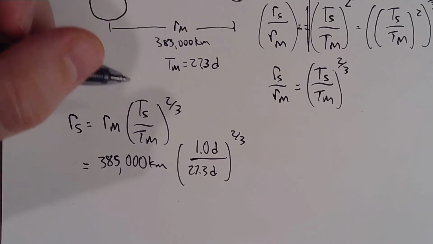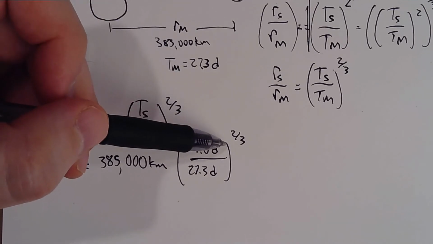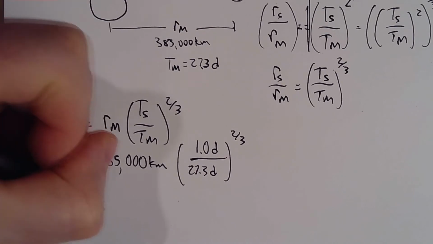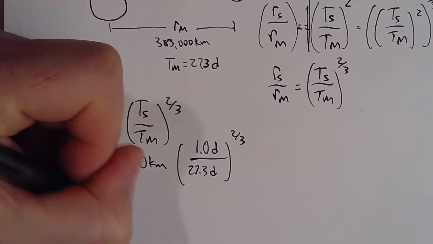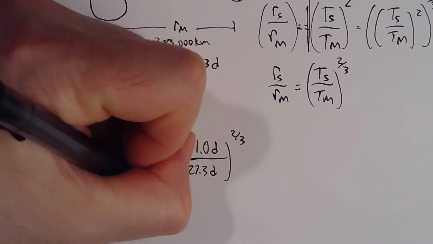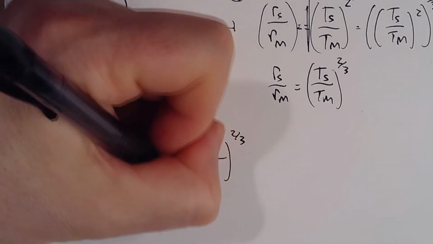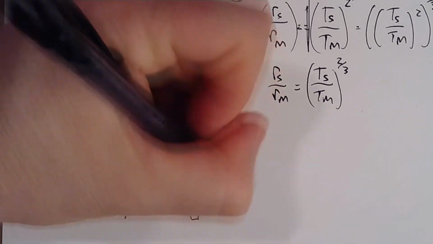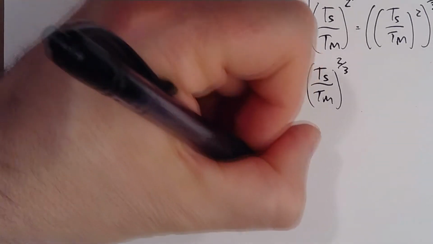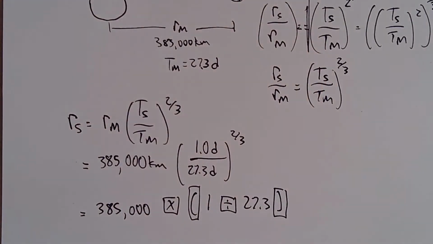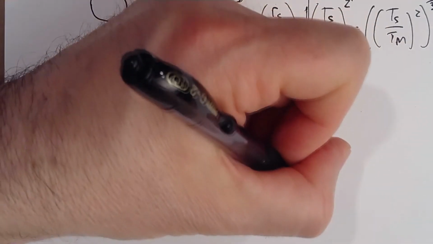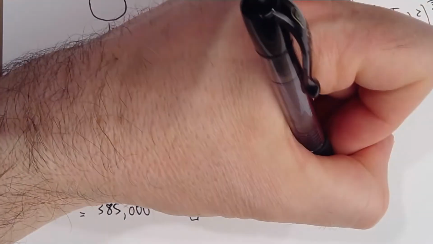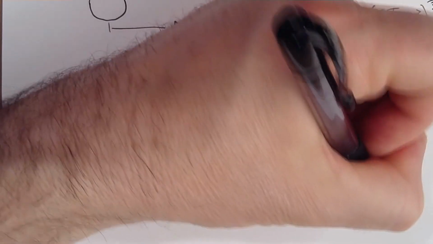Okay, so when you're typing this in, it would maybe look like 385,000 times, open parenthesis, 1 divided by 27.3, close parenthesis, caret, open parenthesis, 2 divided by 3.